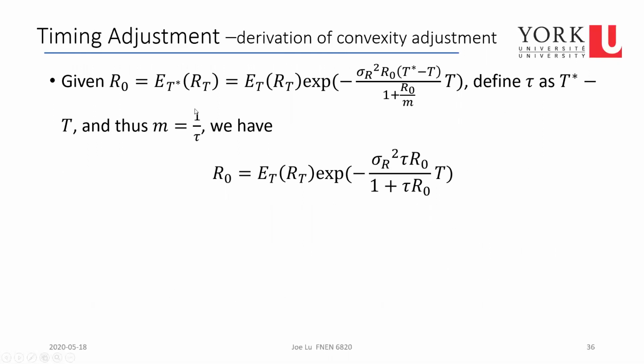Now, given that's the case, let's try to make it consistent with the expression in example 5.1. So we're just going to take T star minus T as tau here. So rewriting that, we have this expression here in this form. So we don't have T star minus T, we have a tau, and M is 1 over tau.